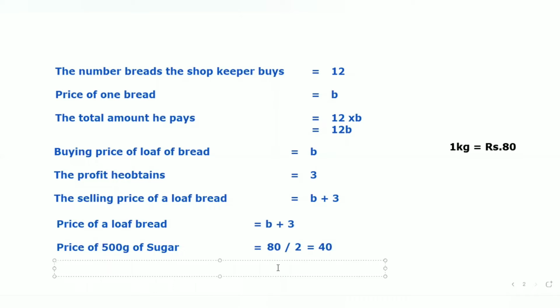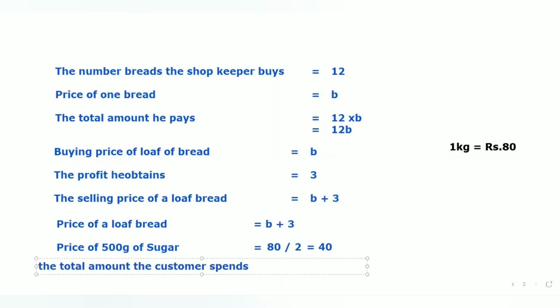So the total amount the customer spends, we have to add the price of a loaf of bread and the price of 500 grams of sugar. So price of a bread is B plus 3. For this we have to add another 40 rupees. Right?